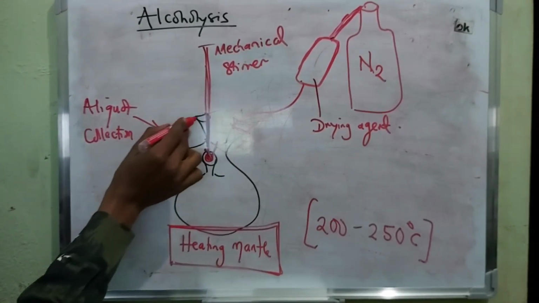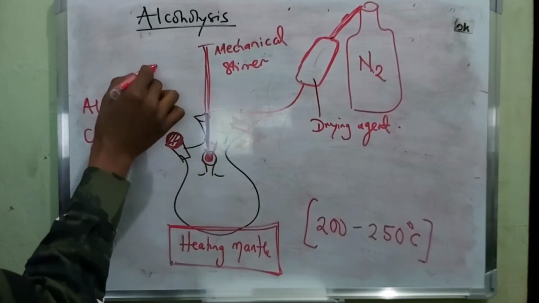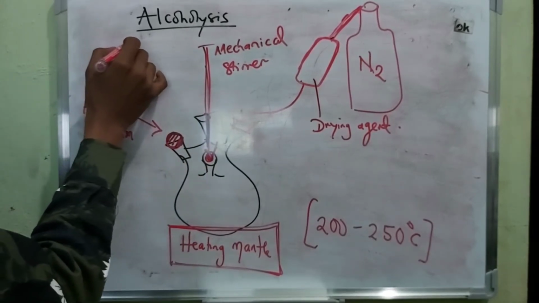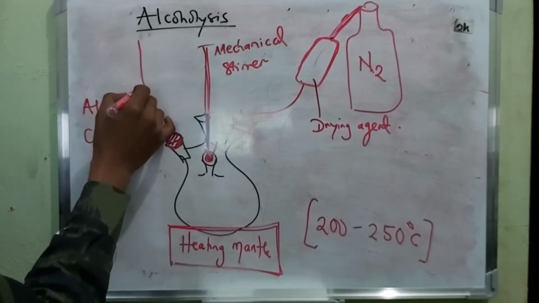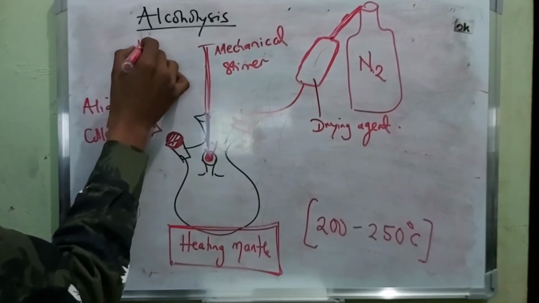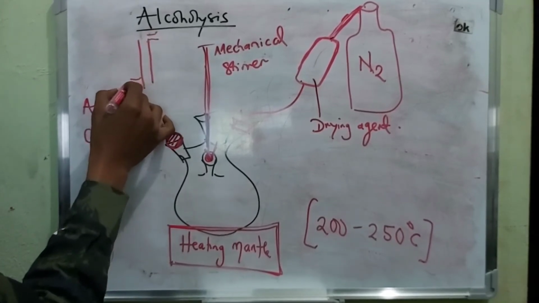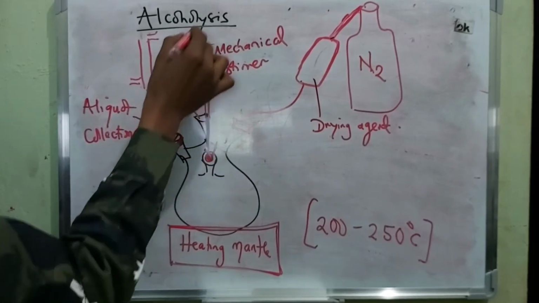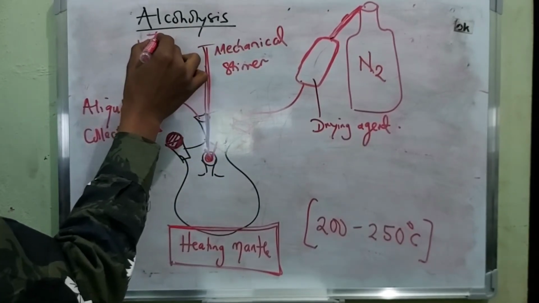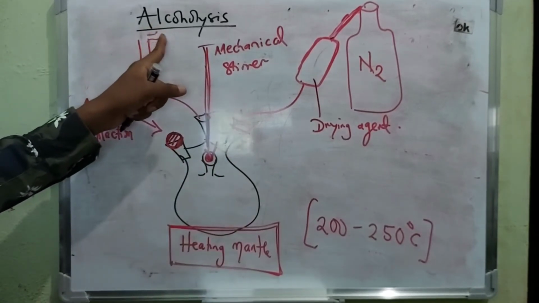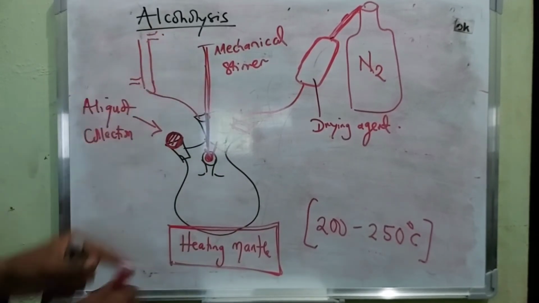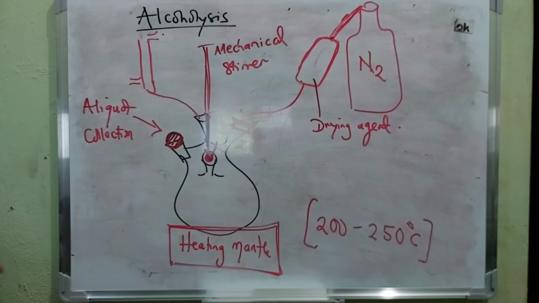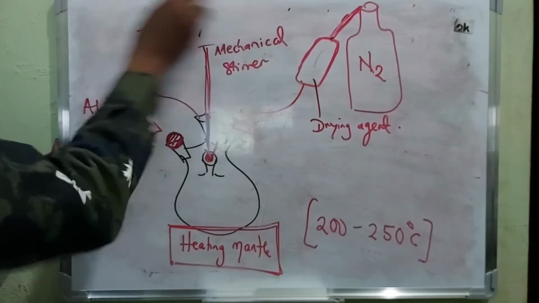Then the 4th neck should be connected to a condenser. The condenser, we all know the condenser. The condenser has two openings, one for water. So one inlet of the condenser should be connected to a water supply.